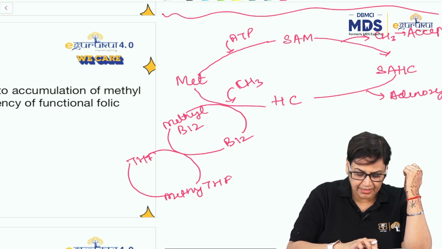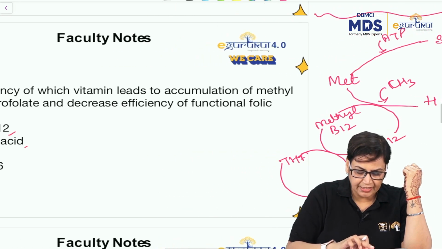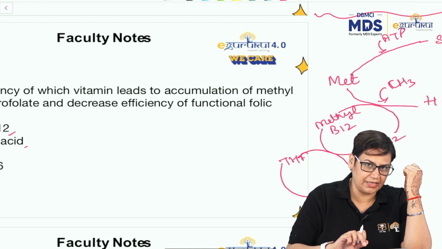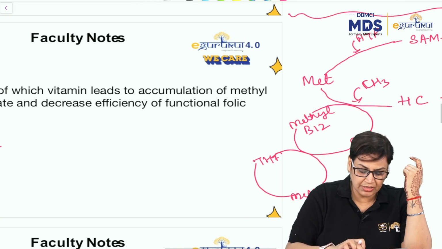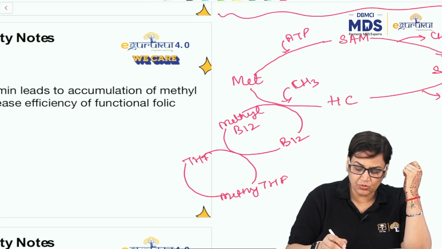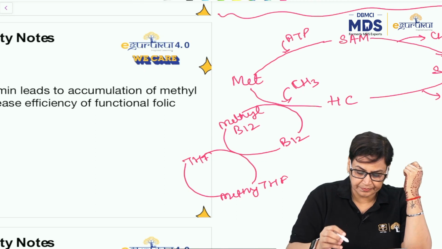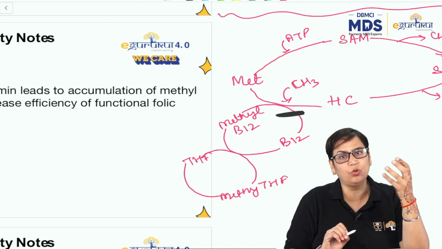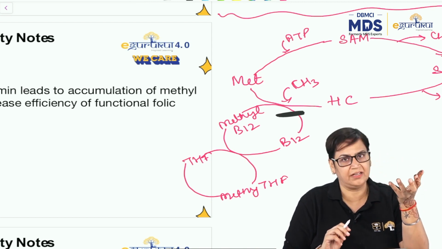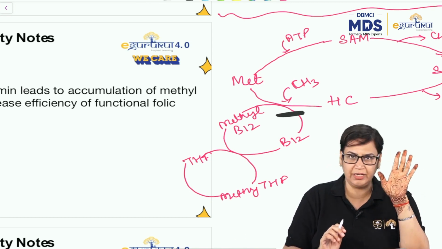Now see, here the question is: deficiency of which vitamin leads to accumulation of methyl tetrahydrofolate? Now if I say B12 is absent, this is absent. It means the donor, or you can say the carrier, is folic acid.